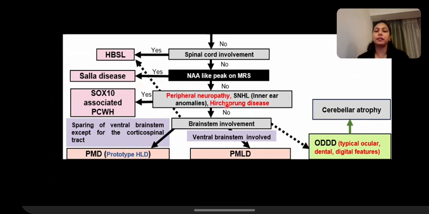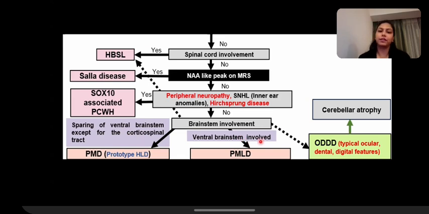If no, then there can be certain clinical clues, for example, Hirschsprung disease or inner ear anomalies, which can be PCWH. And then if no, then in the end, look for brainstem involvement. If only the dorsal brainstem is involved and the ventral brainstem is not involved, except for the corticospinal tract, then it is PMD.